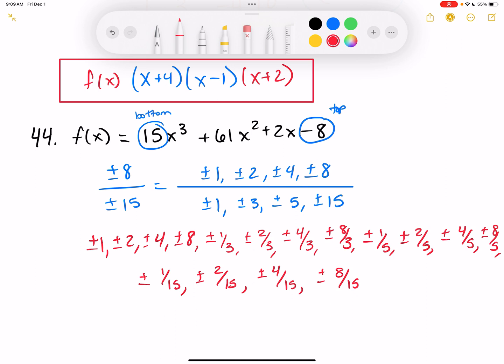And then once you type it in, we'll hit zoom, standard, which is number 6.